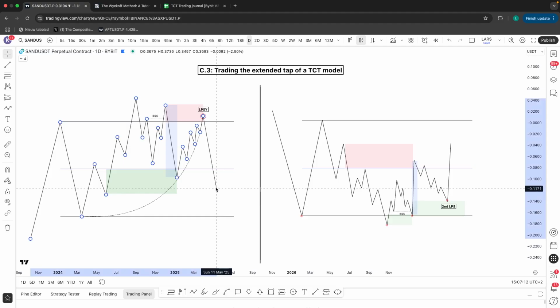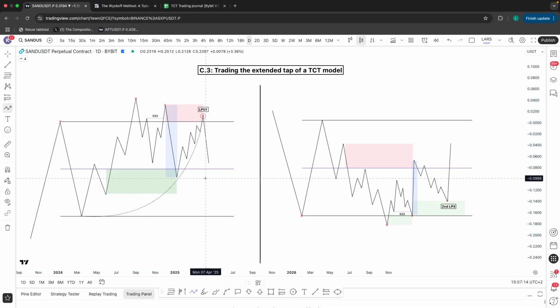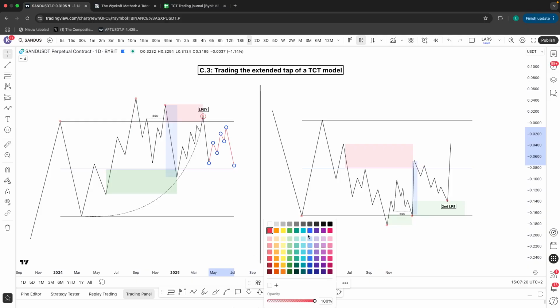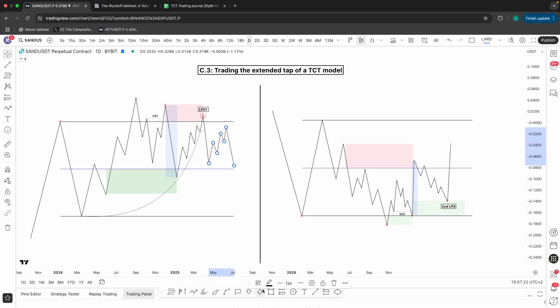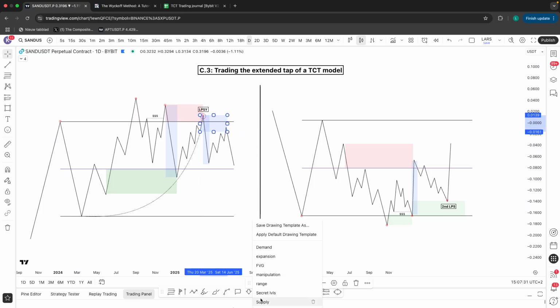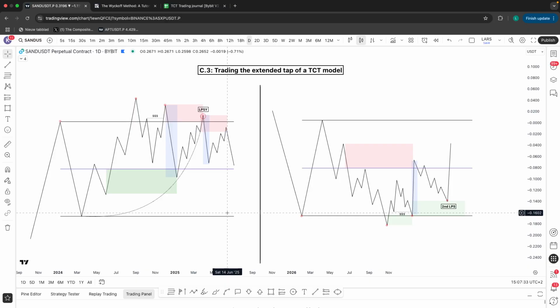If price later on comes back for the extreme supply and extreme liquidity of the expansion away from our fourth tap, basically creating a fifth tap, in most situations, I am not trading the fifth tap.